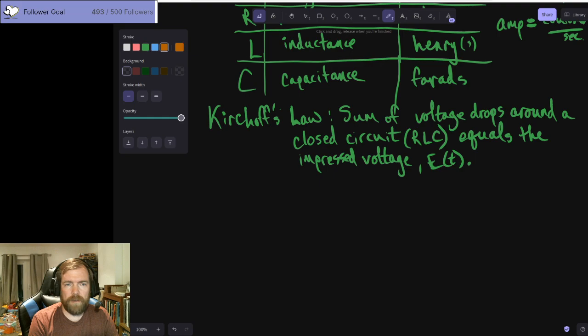So we're going to look at all the little bits that we left up there. Our voltage drop across resistors, plus the voltage drop across our inductors, plus the voltage drop across the capacitors, has to be equal to E of t.